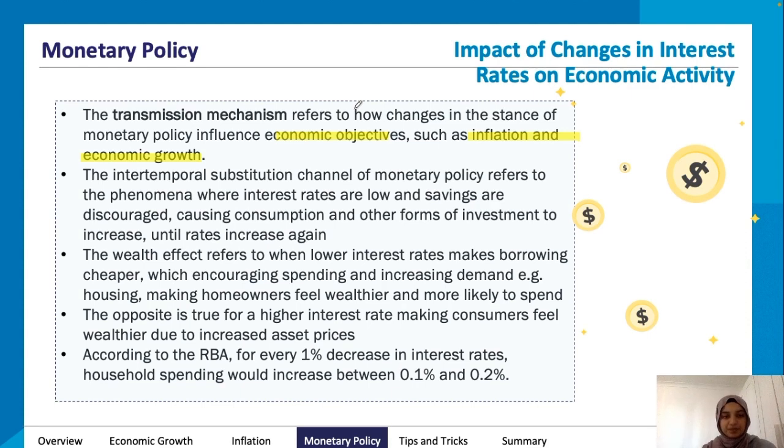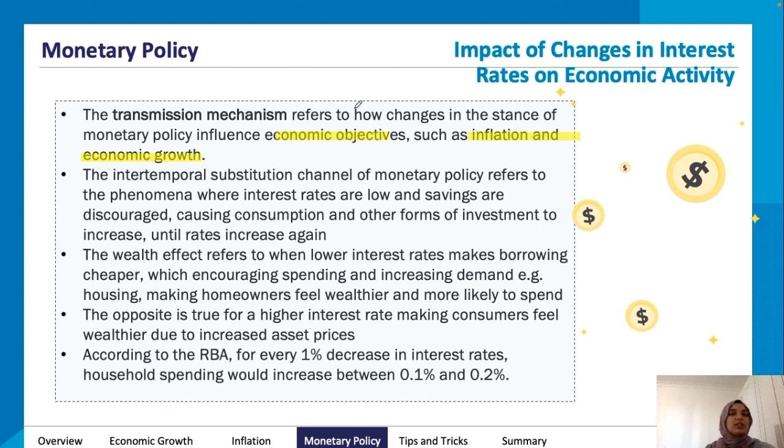So this idea of the intertemporal substitution channel of monetary policy refers to the phenomenon where interest rates are low and savings are discouraged. Think about it. Interest rates are low, savings are discouraged. They want people to go out and spend. That's causing consumption and other forms of investment to increase.